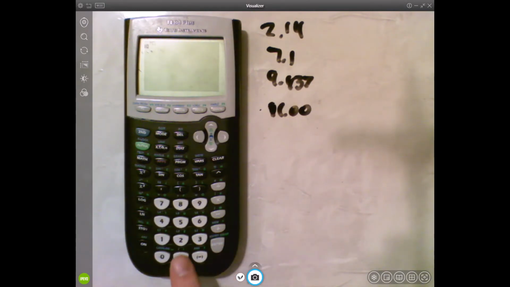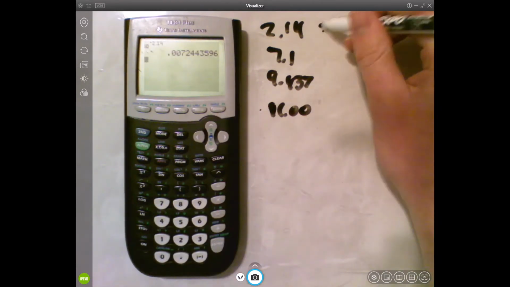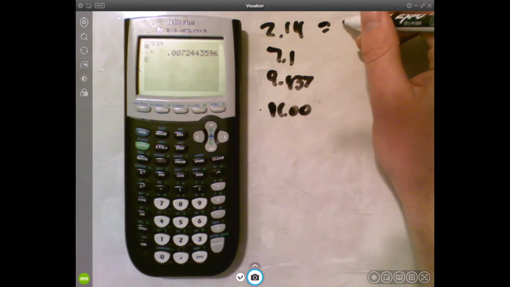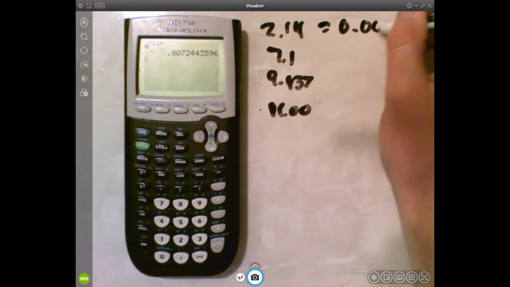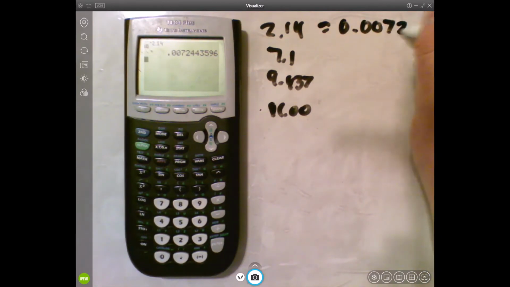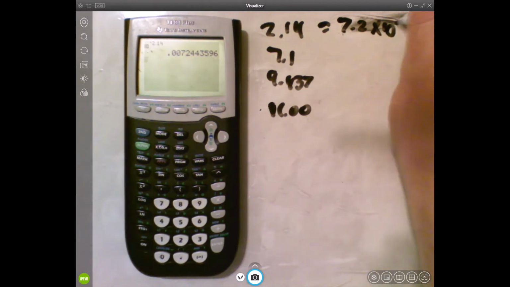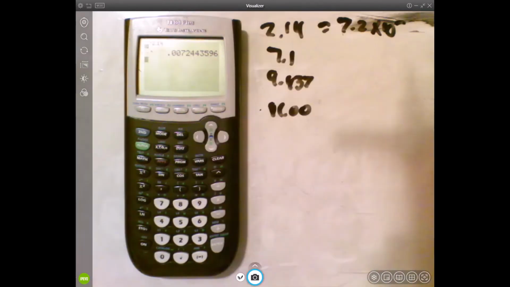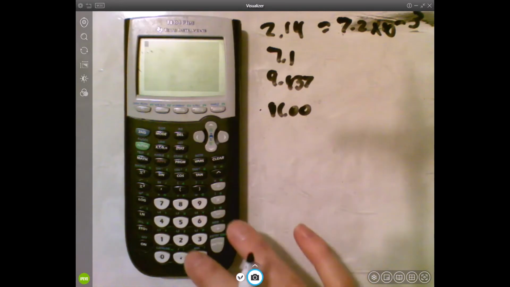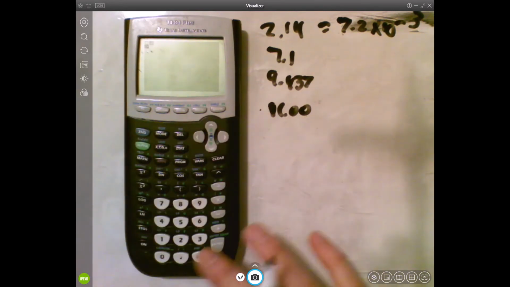This button down here, not the minus, 2.14. So this one, we want 2 sig digs, so 0.0072. Or we could also put down 7.2 times 10 to the negative 3. Both would be correct.